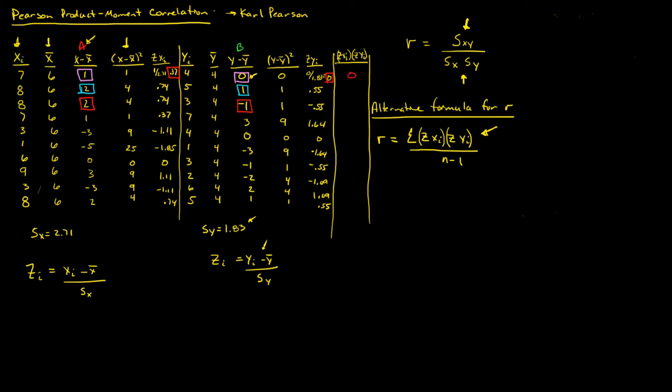Let's do the next one in the pink here. You get 0.74 multiplied by 0.55, which gives me 2. We'll do one more here. 0.74 negative 0.55 gives me negative 2. And I'll do the rest in yellow. I think you get the picture now. We get a 3. We get, oh wait, whoa, whoa, whoa, whoa, whoa, whoa, whoa, whoa, whoa, whoa, whoa, whoa, whoa, whoa. Doing the wrong part from my notes here.